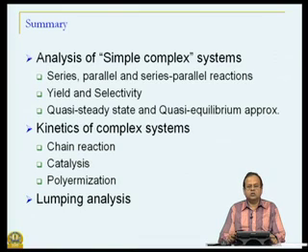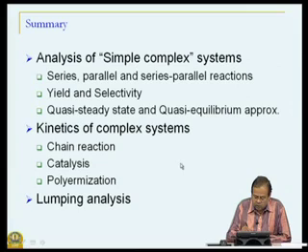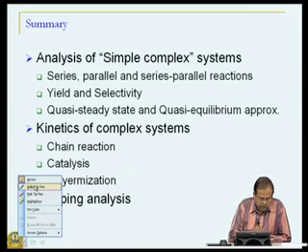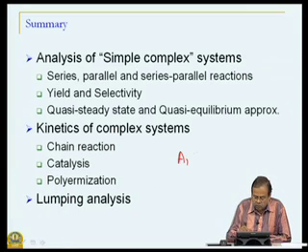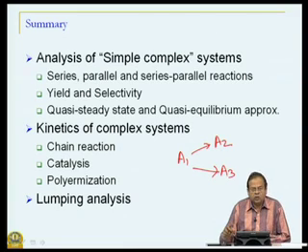So, under such situations we need to go beyond conversion and start looking at the yield of the product, for example, or the selectivity. So, in the example we mentioned, suppose we have a parallel reaction set, A1 going to A2 and A1 going to A3.